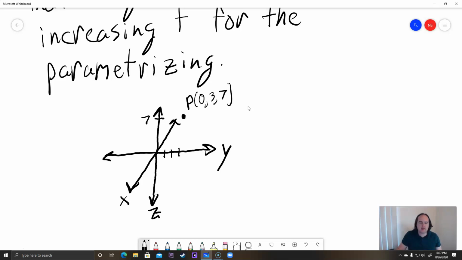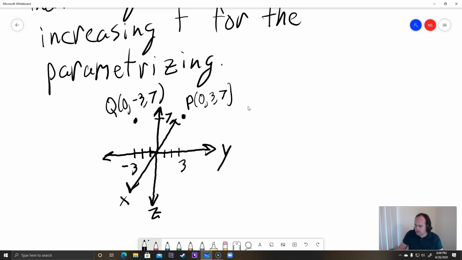And then we also want to sketch point Q. And remember that point Q in this problem was 0, negative 3, 7. Sorry, having drawing issues here. Drawing is hard. It's always been hard for me. Okay, so here's negative 3. So our other point's going to be right around here, and that's point Q, which is 0, negative 3, 7.